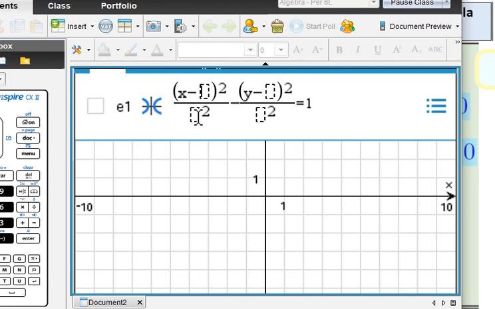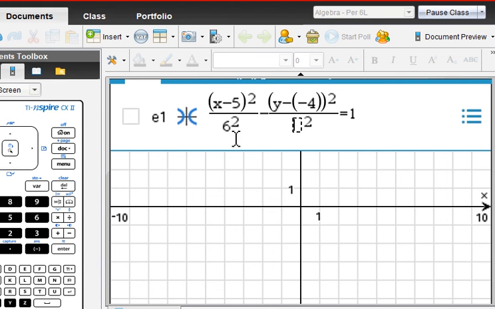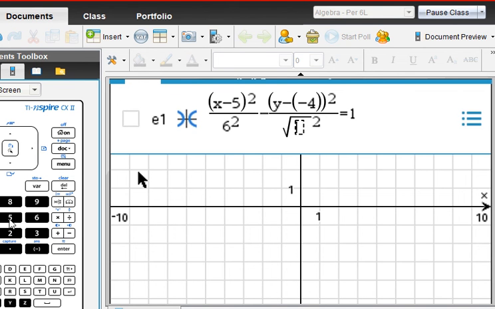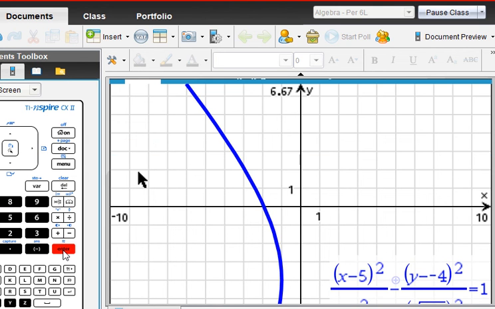So this is an east-west hyperbola. Since I need this in terms of squares, it's still not bad because all I have to do is put the square root of 48 squared. So I go square root 48, and there it is. That's my hyperbola.